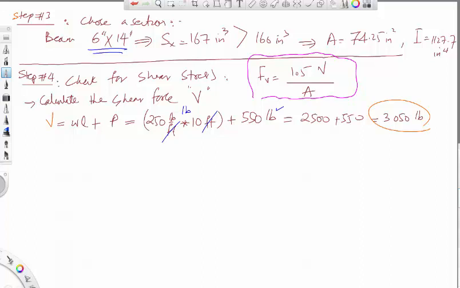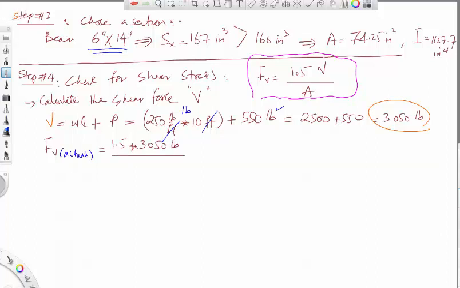Now we need to calculate the shear stress and compare it to the maximum allowable shear stress. This shear stress stands for the actual shear stress. So we do the actual shear stress calculation, which is equal to 1.5 times the shear force of 3050 pounds. Again, we care about the units here not to make mistakes.